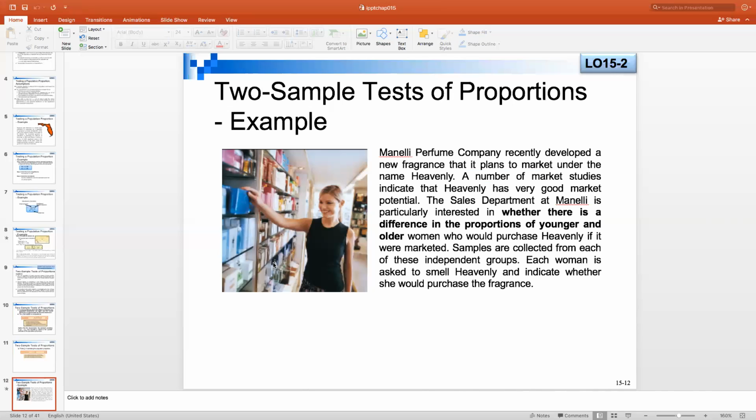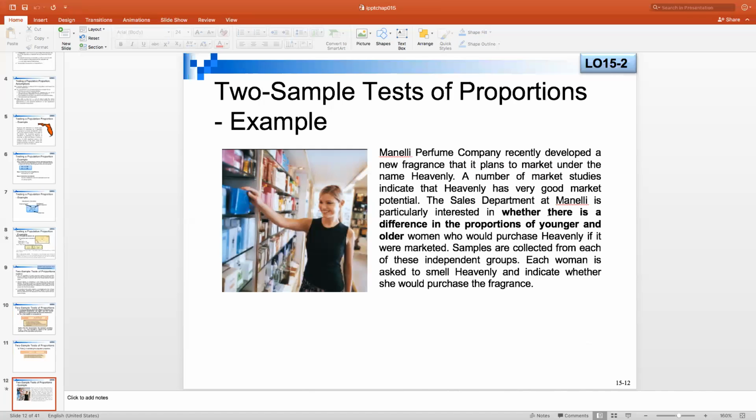Marketing has a lot of stats involved because you want to know human behavior. And really, one of the best ways to assess human behavior is just run a survey out there, right? Arguably the best way, just ask people what they would do. And so you're asking younger and older women if they like it. Okay, so that's the bottom line here.